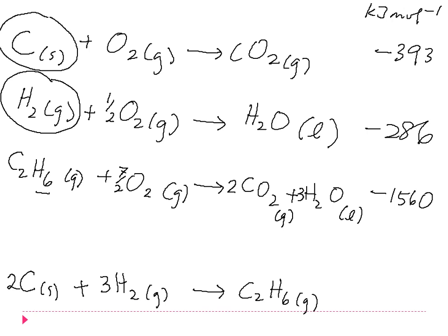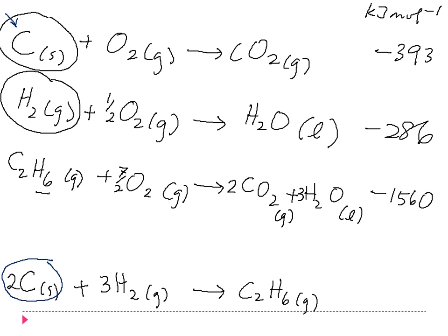Okay, the next step here is we want to find 2 carbon. Where can we find 2 carbon? From this equation. So we have to multiply by 2 because we want to get the exact mole of the equation in the enthalpy of formation.